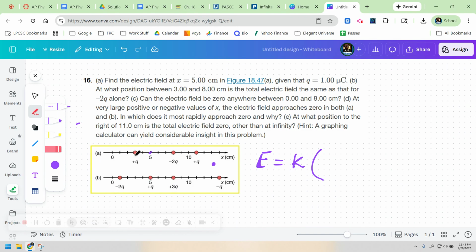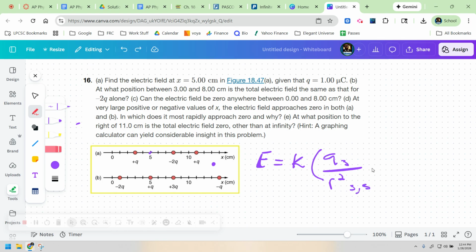So we have a charge here at 3 centimeters, so we need Q3, and it's just Q, and then the distance from there to there, which would be the radius, from 3 to 5, which is just 2 units squared.